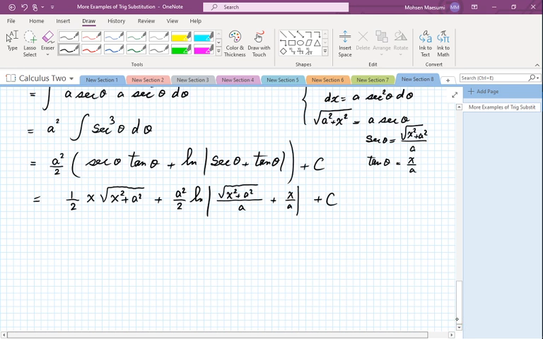Just as in the last problem, we can put the a's as a common denominator, and then logarithm of denominator has to be subtracted.